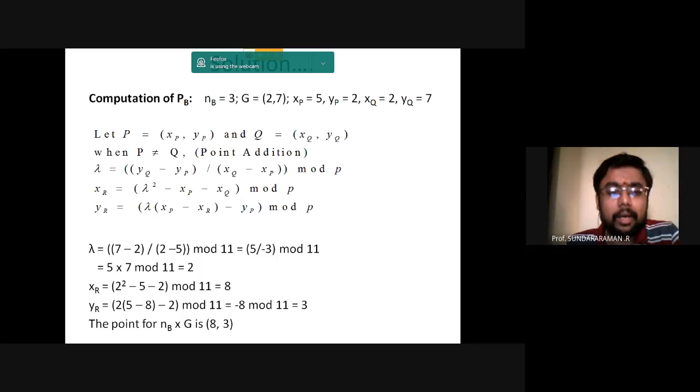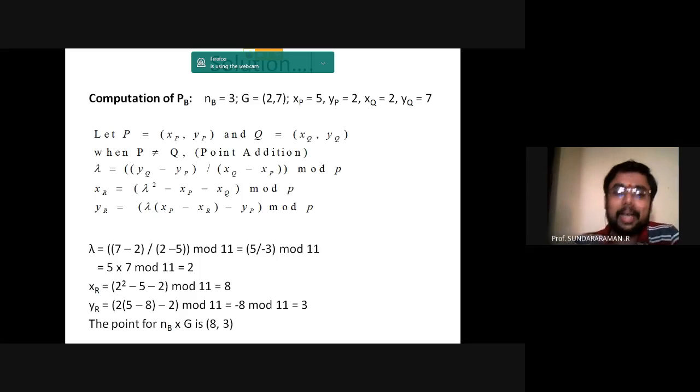Now PA and PB are over. Now after computation of PA, the user A shares the computed PA to user B. So using that, user B will be computing the secret key. And now user B will be sharing the computed PB to user A, so that this is in fact a key exchange protocol, right?